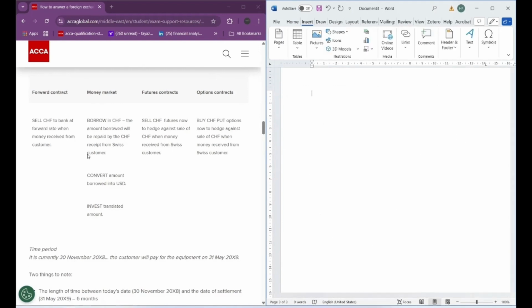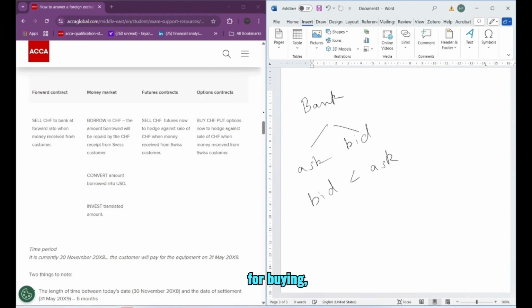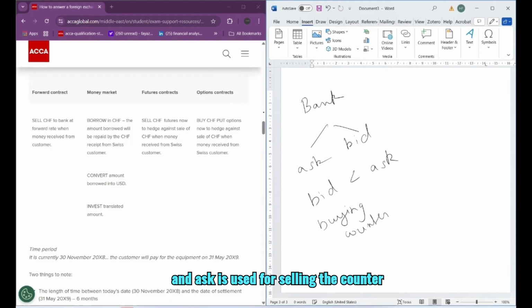So first of all, I forgot to mention the bank thing. Banks offer us ask and bid rates. Always we should know bid is smaller than ask. Another thing we should know is bid is used for buying the counter currency, and ask is used for selling the counter currency. This is always what has been observed.